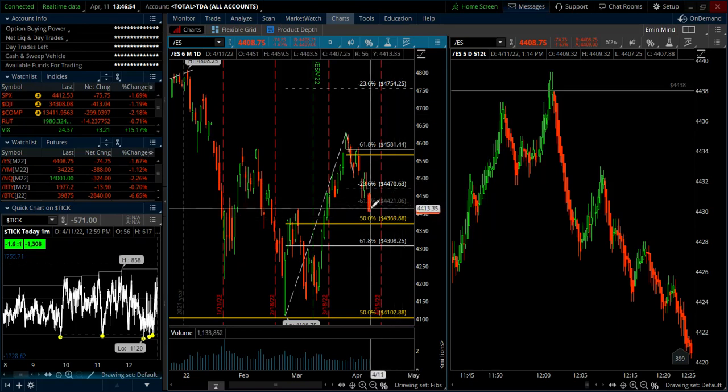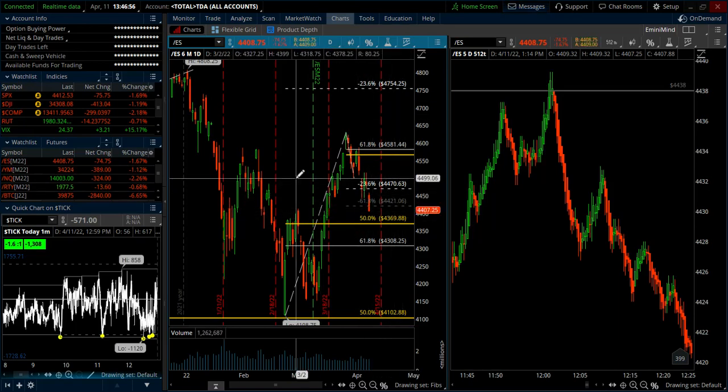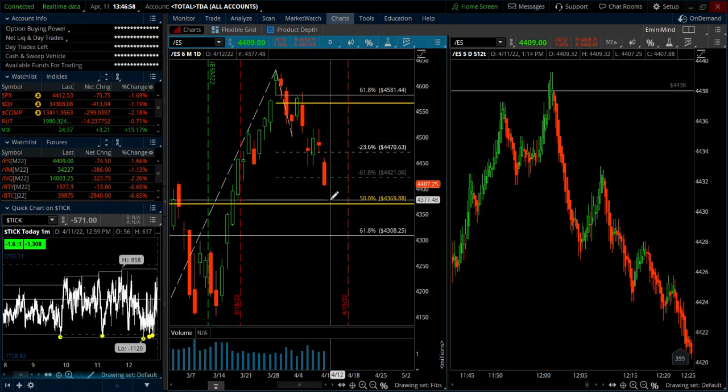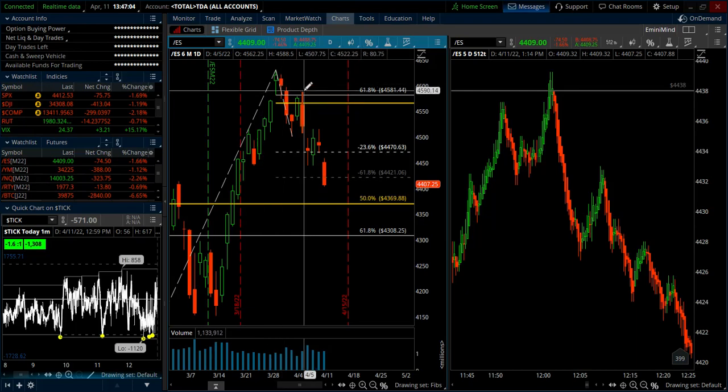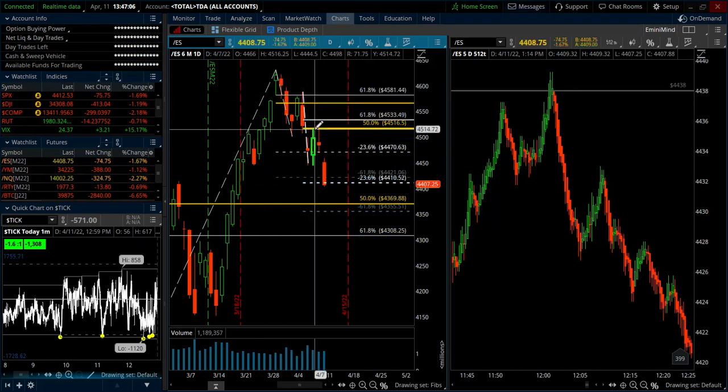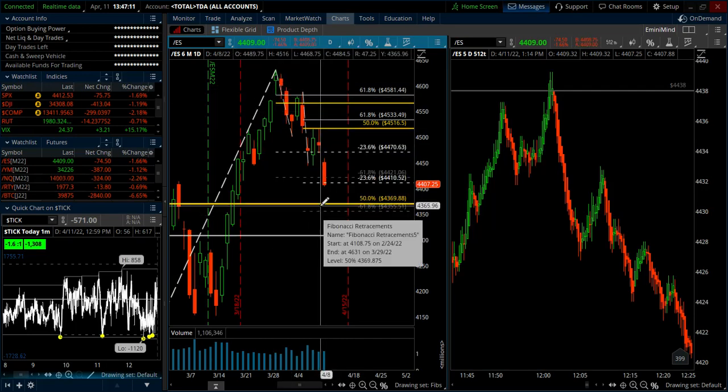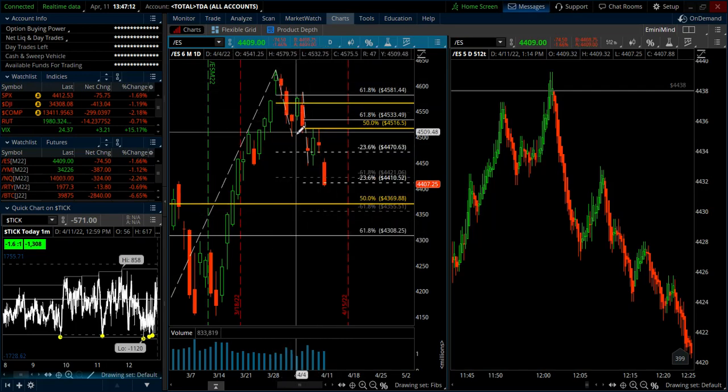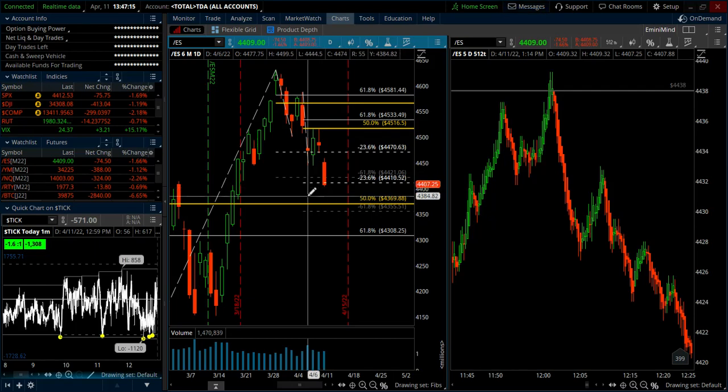At this point, when we're sort of on our way down to a larger 50%, it's okay to take shorts. So like on the daily chart here, you can take a short even though we're waiting for a long to set up. Like you can ride shorts down into the long, and the same thing can be done intraday as well.